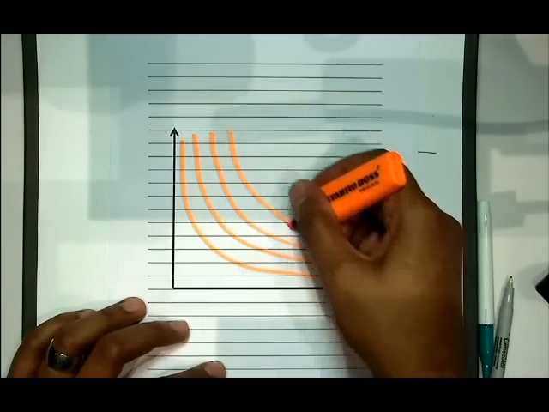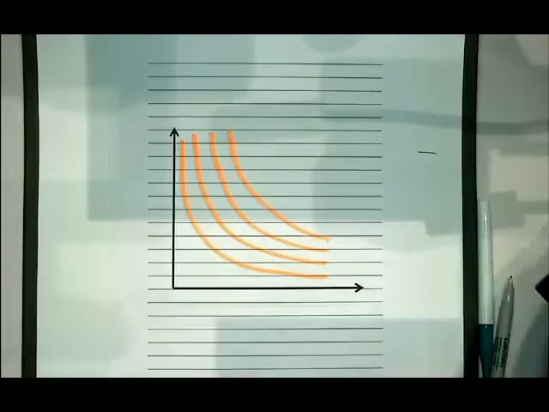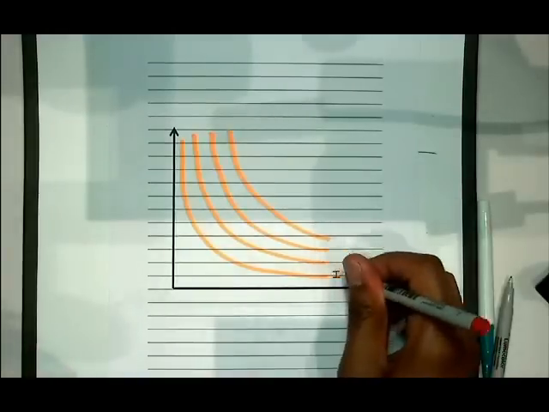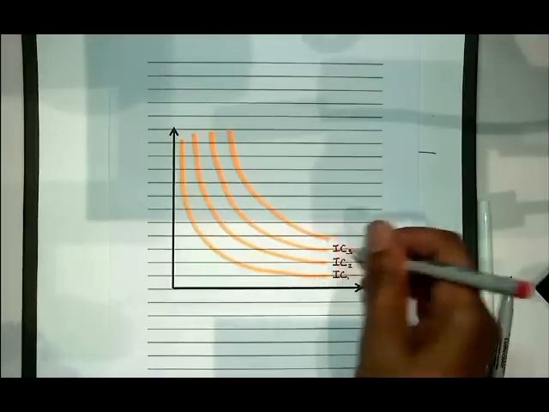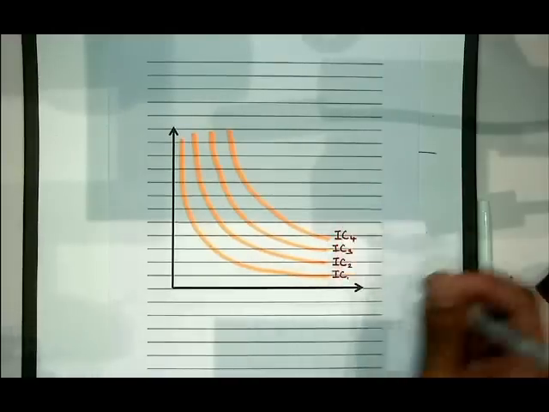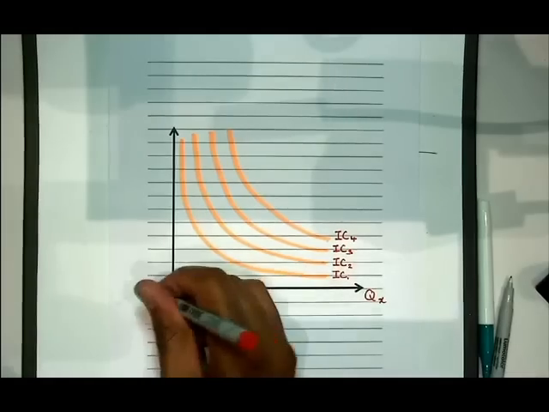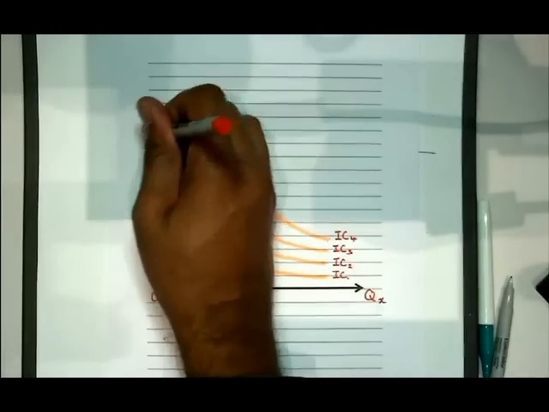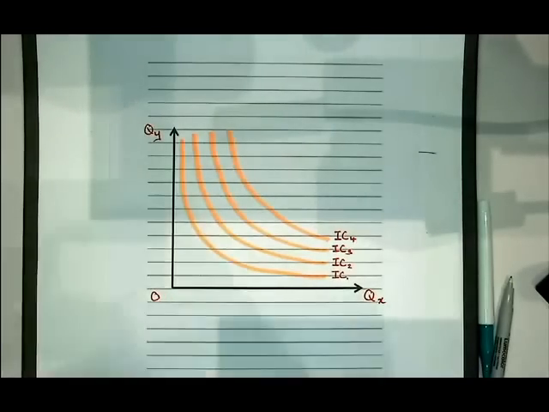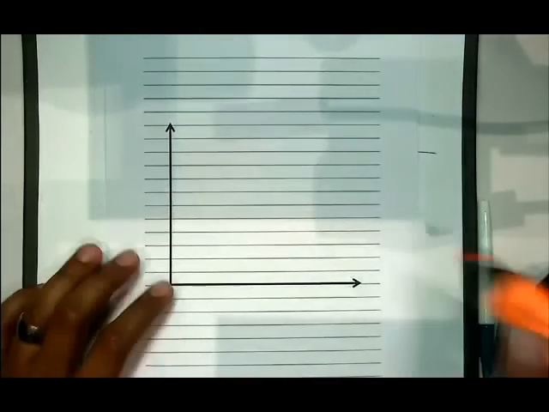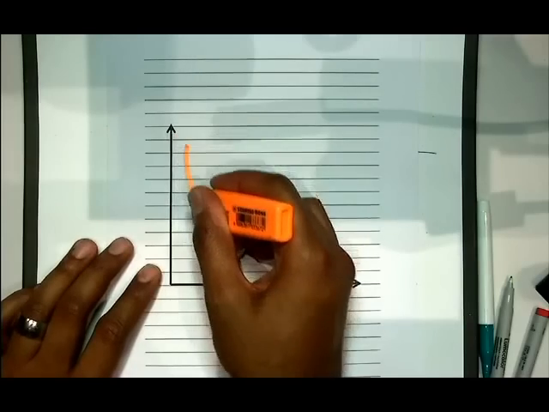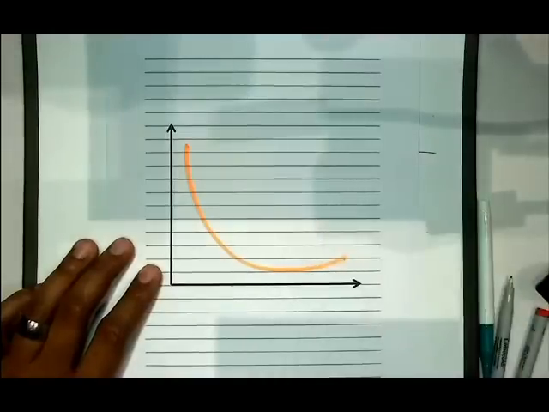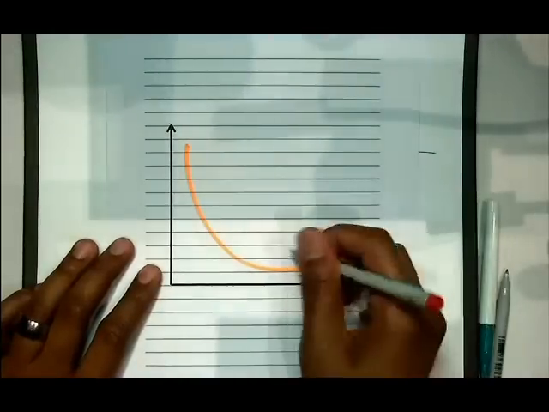They also should not curl upwards. Don't draw this. This is what I mean you shouldn't draw. Don't get overexcited in the exam and do this. That's not right. This is not correct.